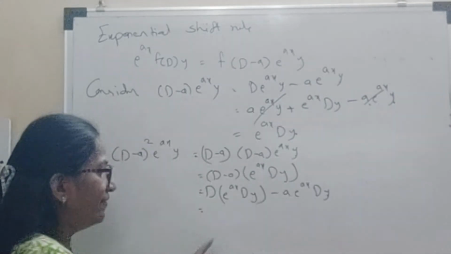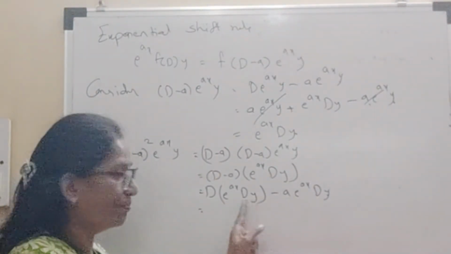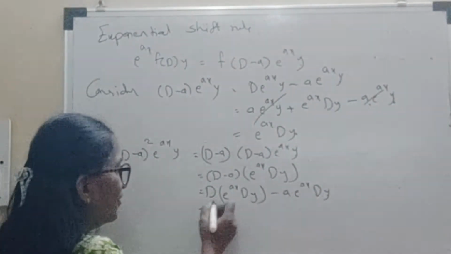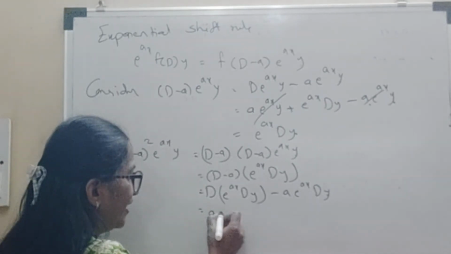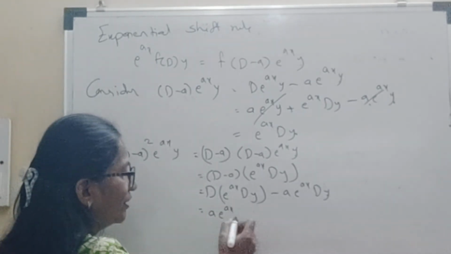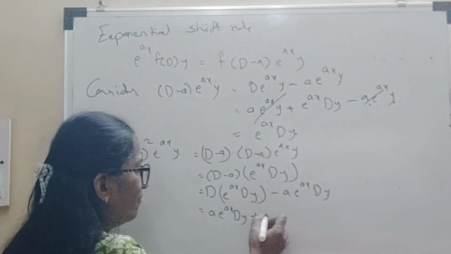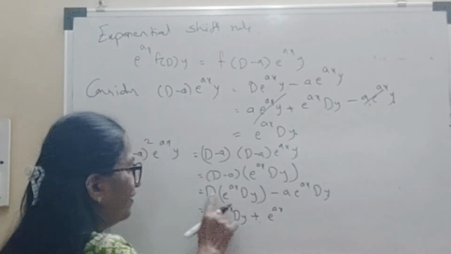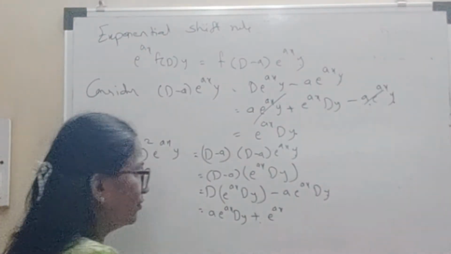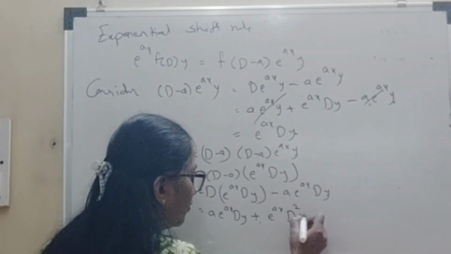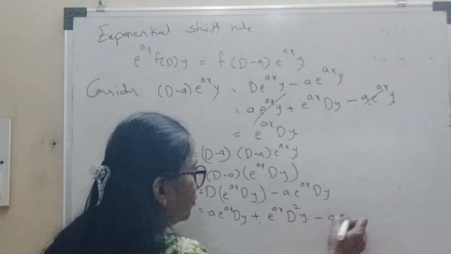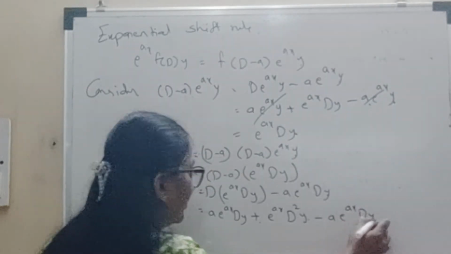So we find the derivative again by applying the product rule. First of all, the derivative of e^(ax) is a·e^(ax), keeping Dy constant, plus, now keep e^(ax) constant and take the derivative of Dy. So that is nothing but D² operating on y, minus a·e^(ax)·Dy.